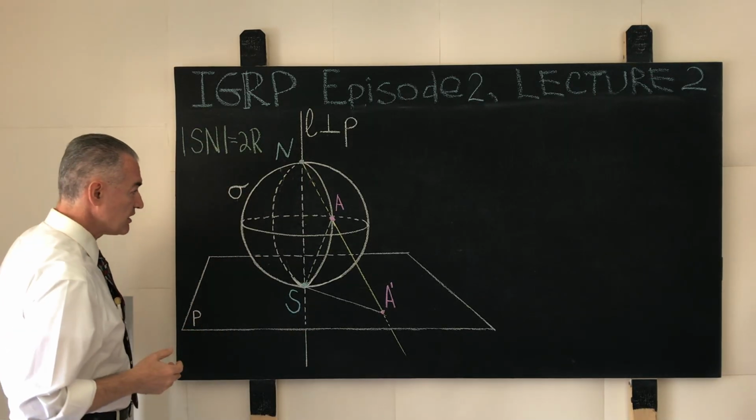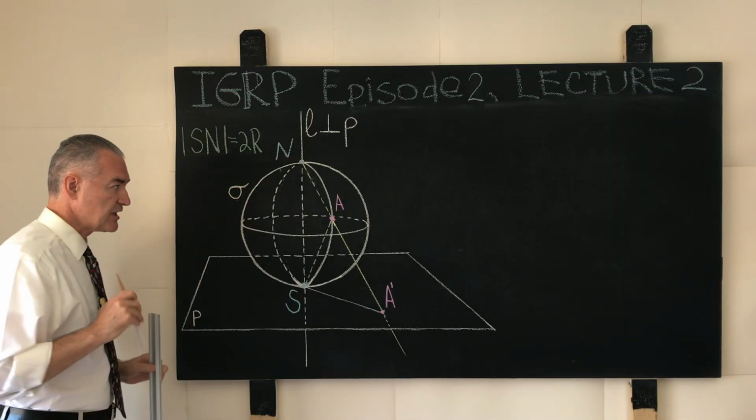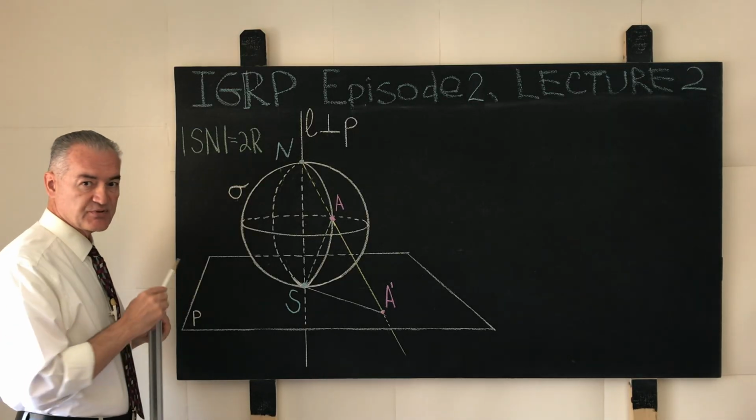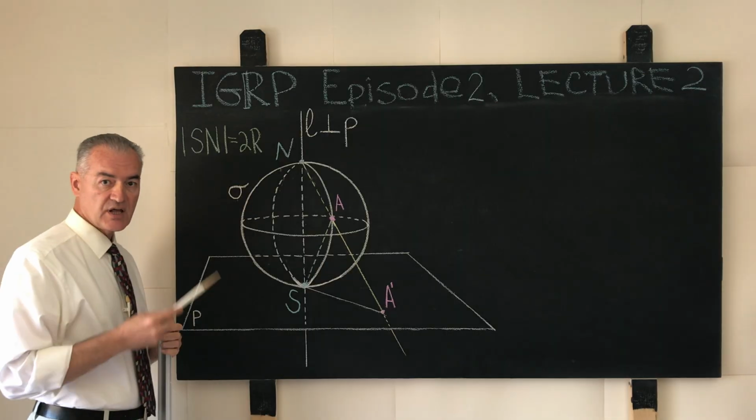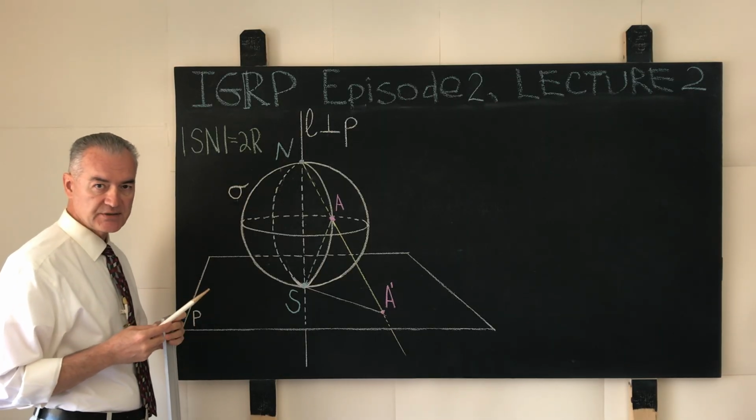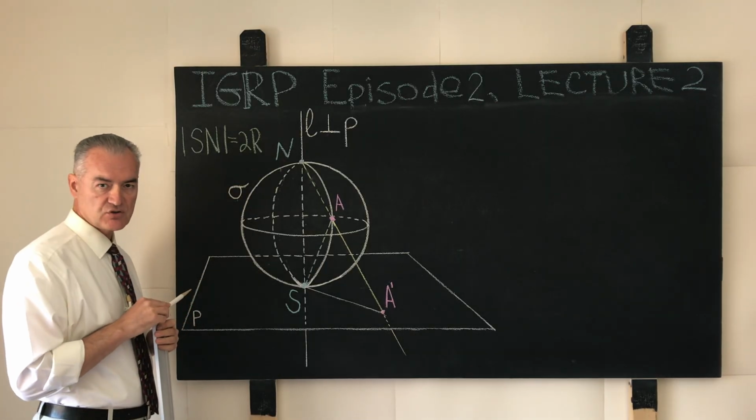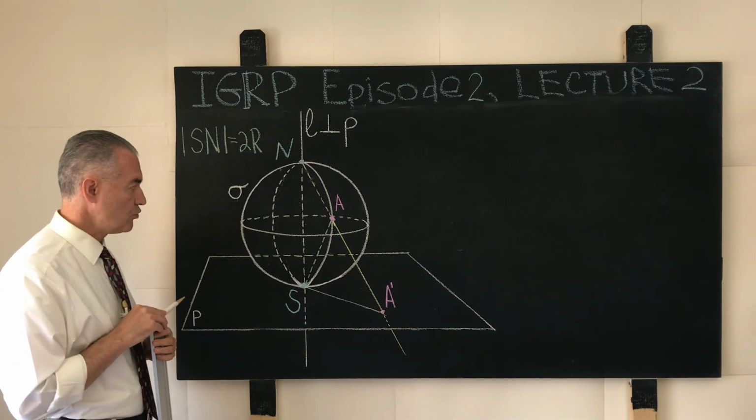But if we think about it, we will realize that nothing can prevent us from carrying out that same experiment in the opposite direction, or in reverse order, if you will.